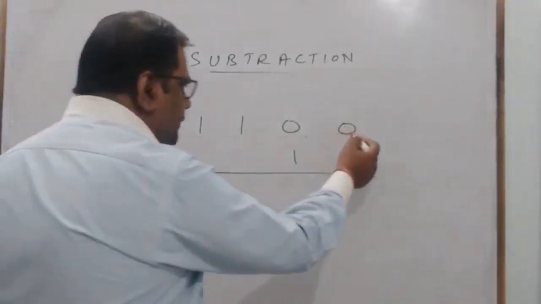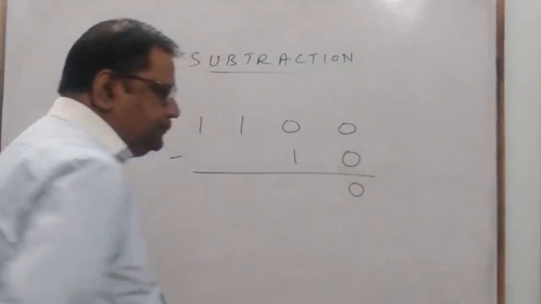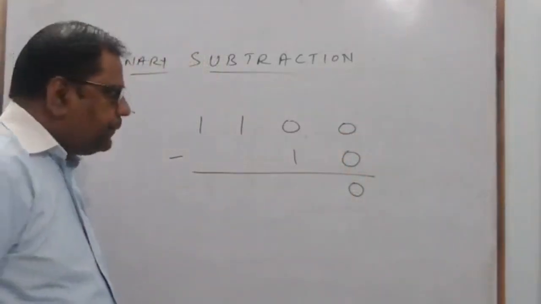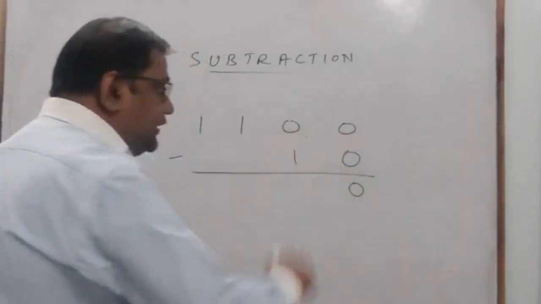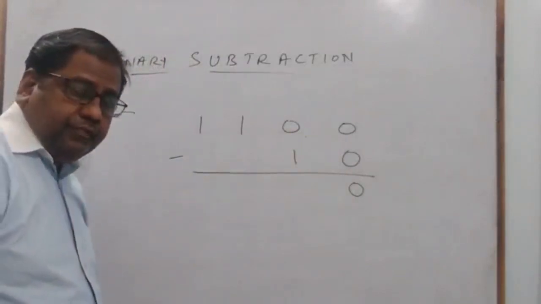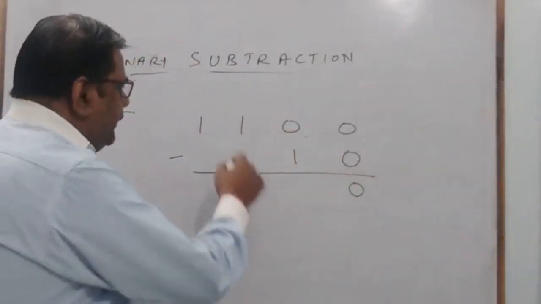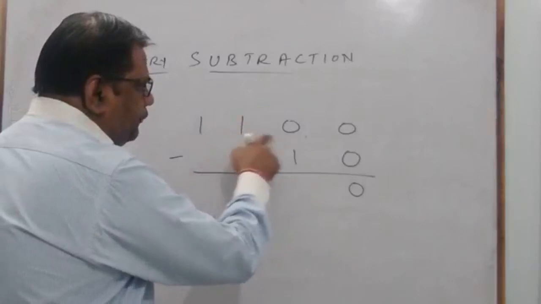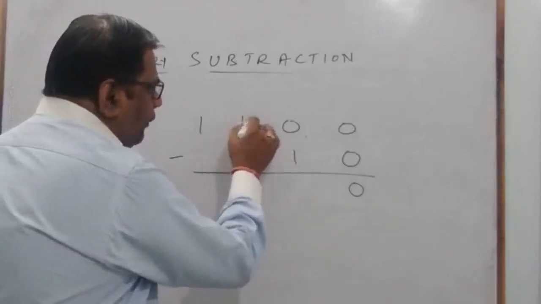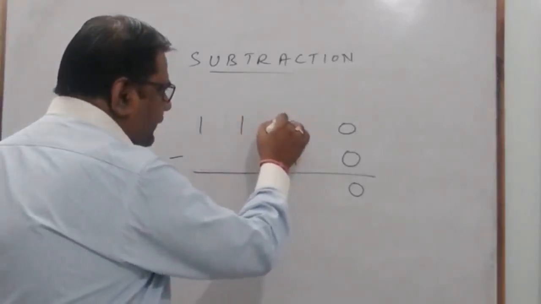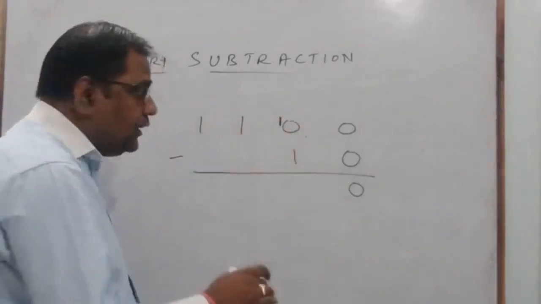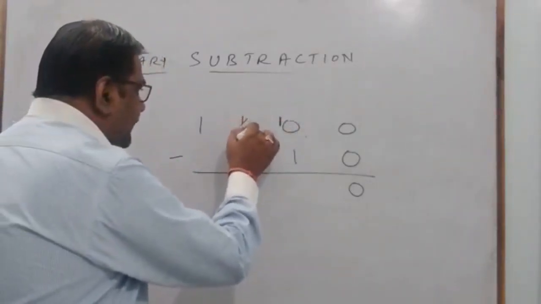So when we have to subtract 0 minus 0, it becomes 0. Very easy. 0 minus 1 is not possible. So what you will do, you will borrow 1 from this. When you are borrowing 1 from this, it becomes 10, and this becomes 0.